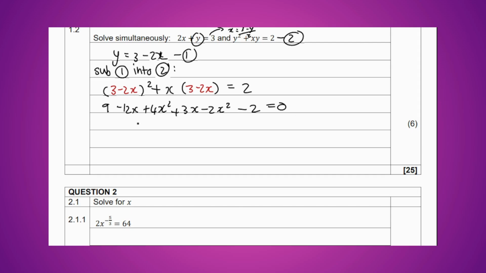Add your like terms. Then you decide you want to use quadratic formula, your calculator, factorize, whatever. But either way, whatever method you use, you should have gotten x is 7 over 2 and x is 1, and then your corresponding y's should have been negative 4 and 1.